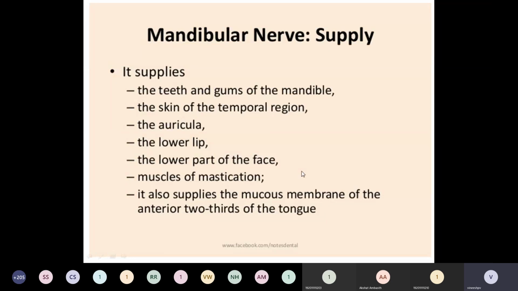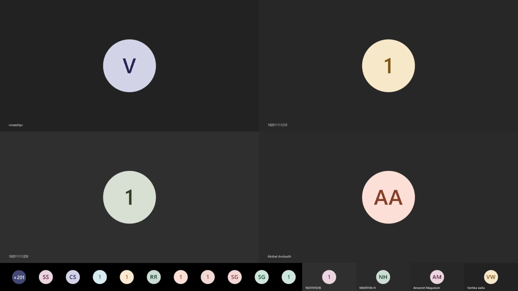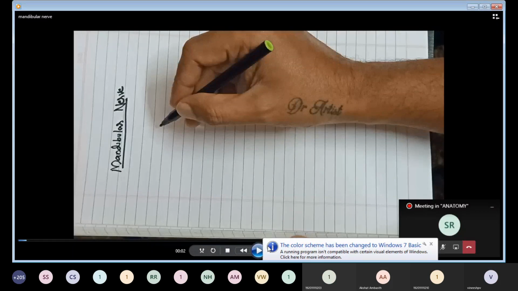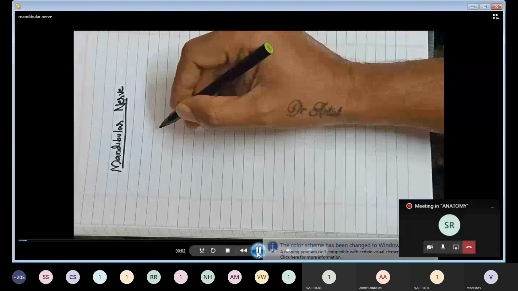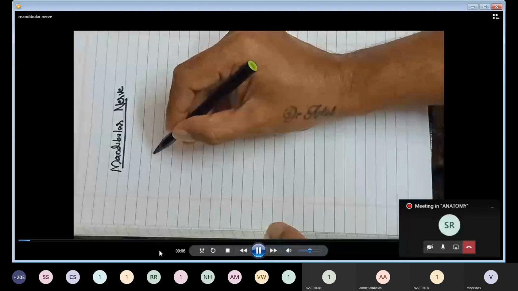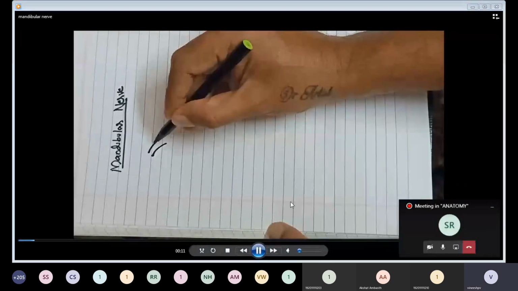If you're using a mobile, please tilt the mobile and see, because while recording, the video is horizontal, not vertical. I hope you can see the video.